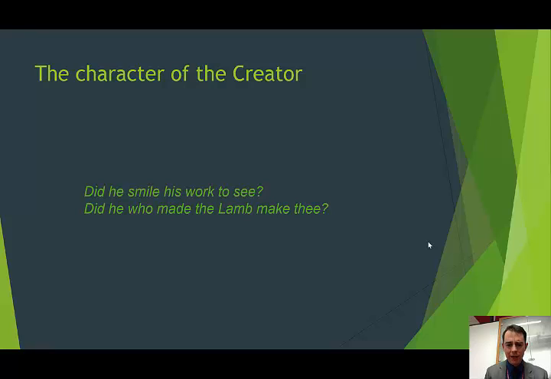And here is, "Did he who made the lamb make thee?" Did the Creator God, who made this violent tiger, also make the lamb? And there is no greater example of love than the lamb that was sacrificed for the sake of humanity. There is nothing more loving than that.